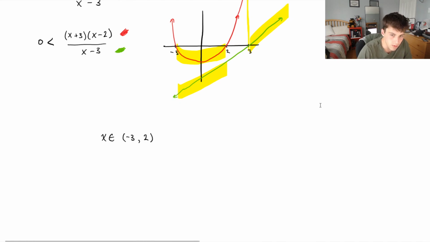So we've got from -3 to 2, and then the union of that domain with 3 to infinity. Infinity gets a round bracket because we can never really be equal to infinity. Okay, so we got this solution, but unfortunately, this is not where the question will end.